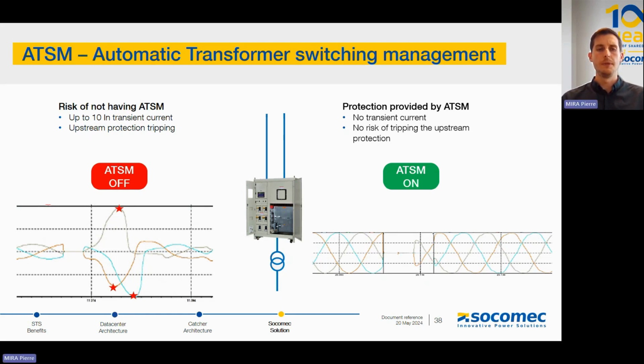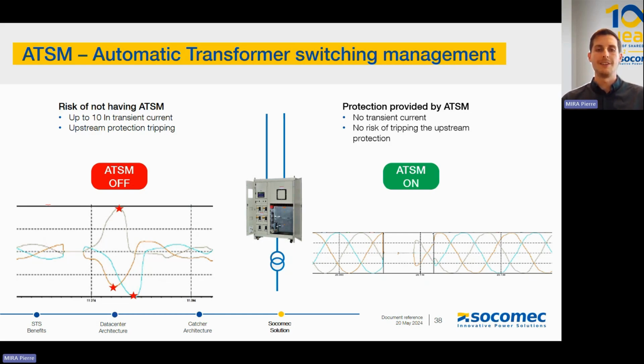So even if there is a PDU downstream of the static transfer switch with a transformer, the STS will very lightly slow down the transfer. We are speaking now about 10 milliseconds, 15 milliseconds, nothing more than a cycle, so nothing above 16 milliseconds. So the STS will ensure a transfer, still ITIC compliant, but reducing the inrush current up to nominal current.